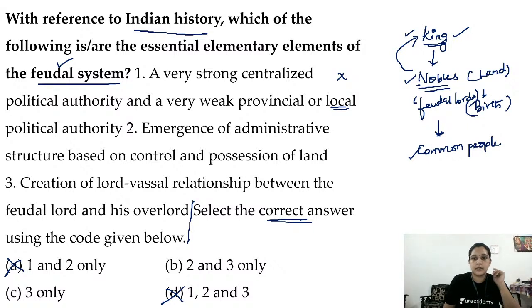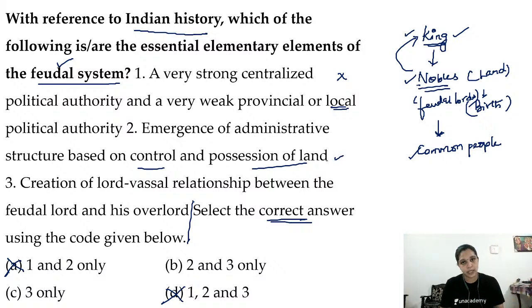Emergence of administrative structure based on control and possession of land. Very true. In India, okay. In other countries, the feudal system was present too. In world history, if you see the feudal system, it was present. But in India, the possession of land, even today, gives power in many village sites.